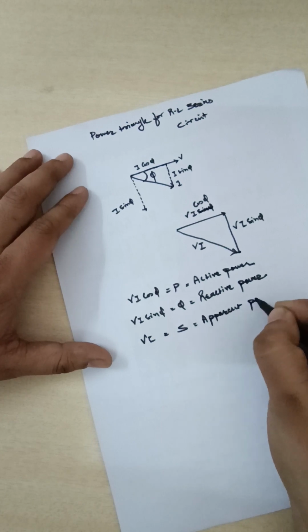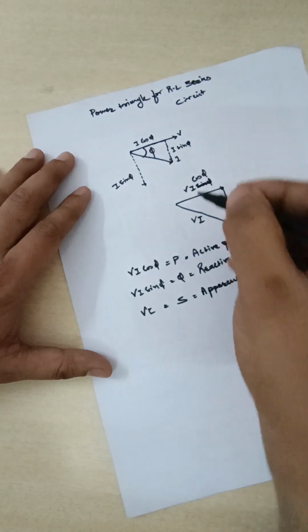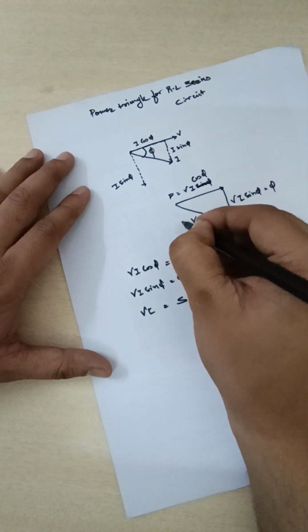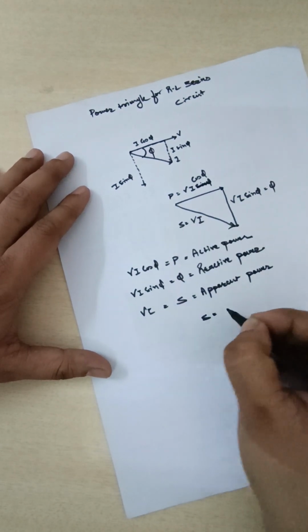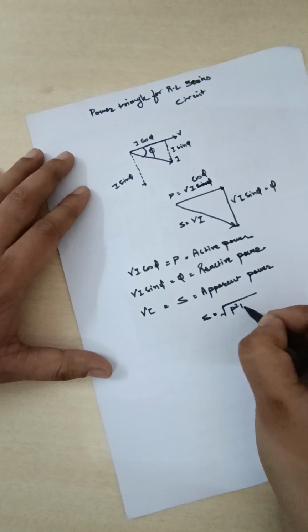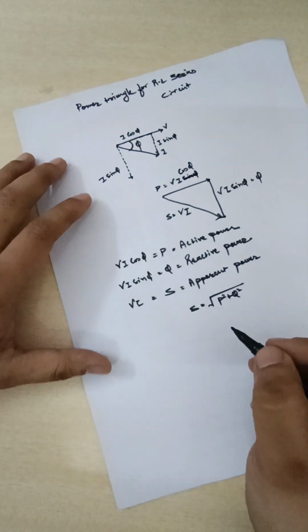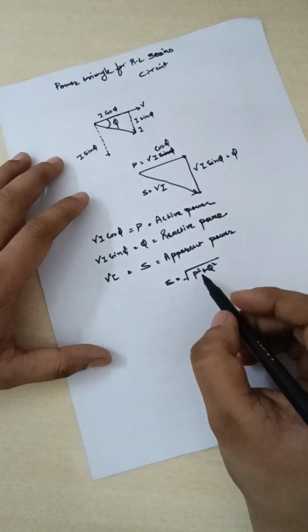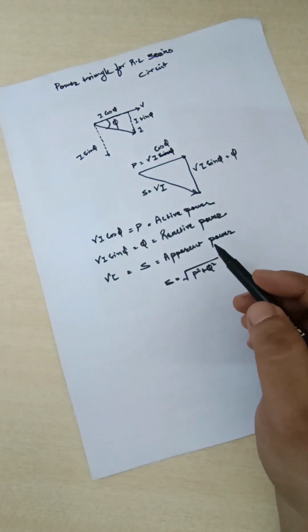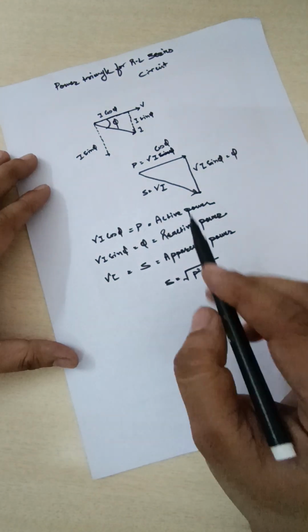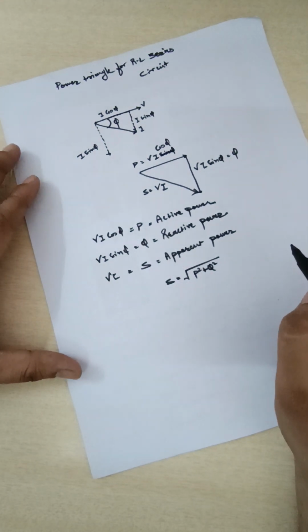So basically from this triangle you can write like this. S will be equal to the square root of P square plus Q square, or S will be equal to the phasor sum of these two quantities. So this was the power triangle.